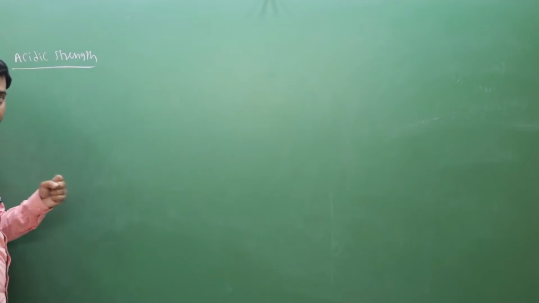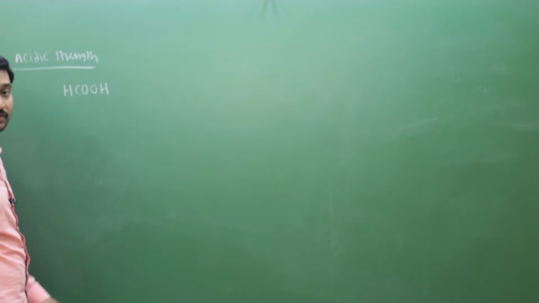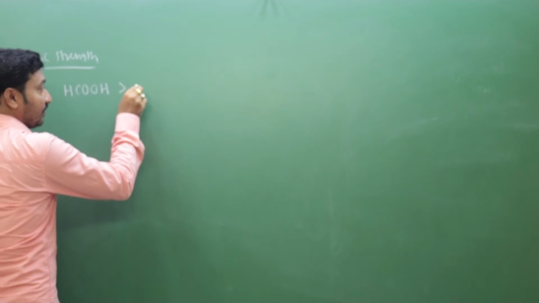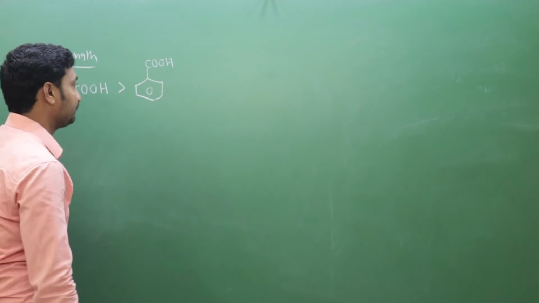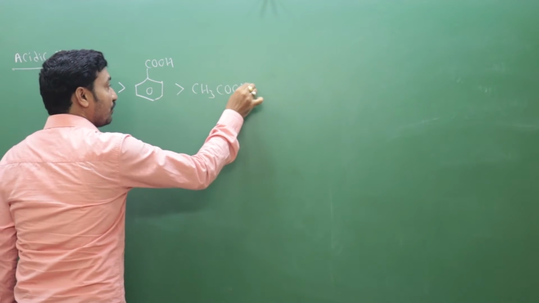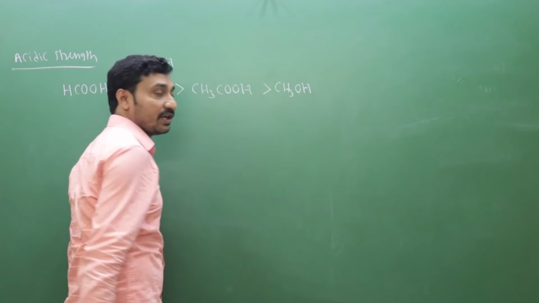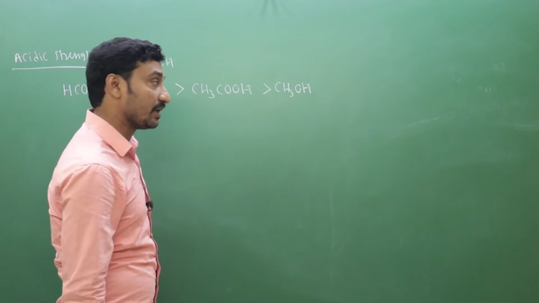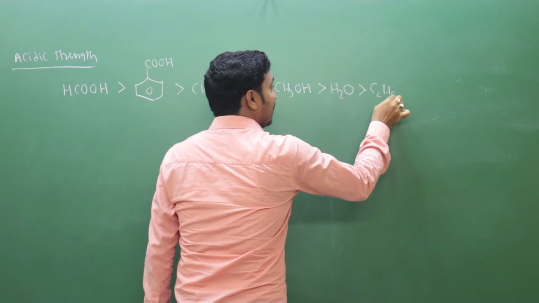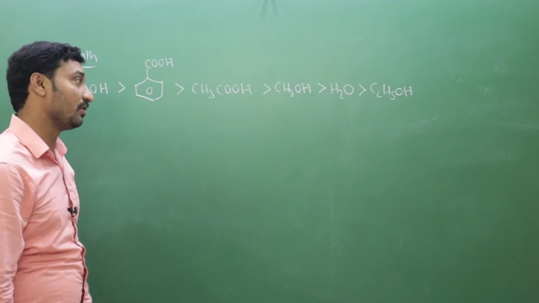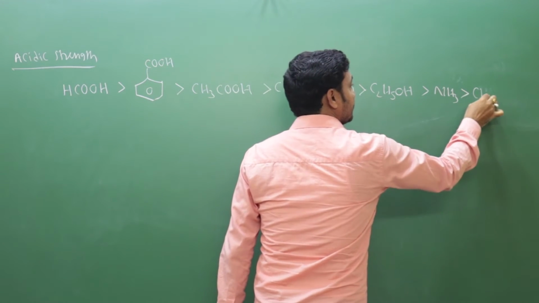Let us discuss some examples of acidic strength. The acidic strength order: HCOOH, formic acid, is greater than benzoic acid, C6H5COOH, which is greater than CH3COOH, acetic acid, which is greater than CH3OH, methyl alcohol, greater than water, greater than C2H5OH, ethyl alcohol, greater than NH3, greater than CH4, methane.